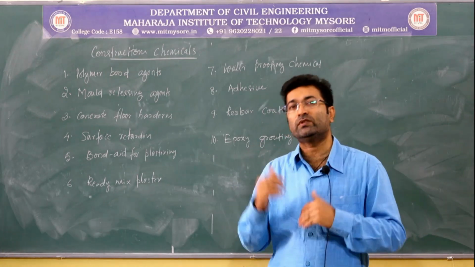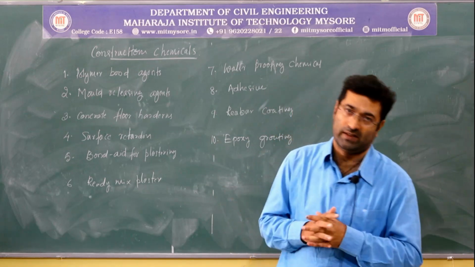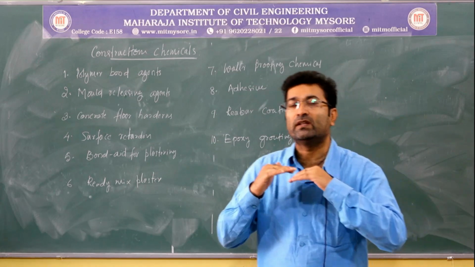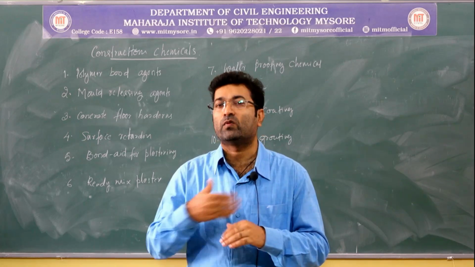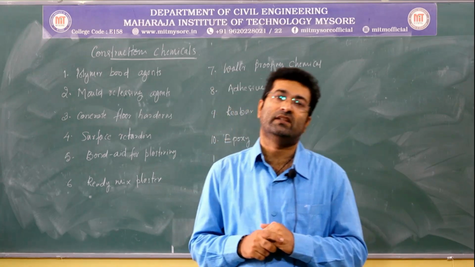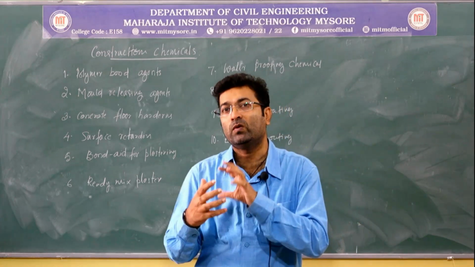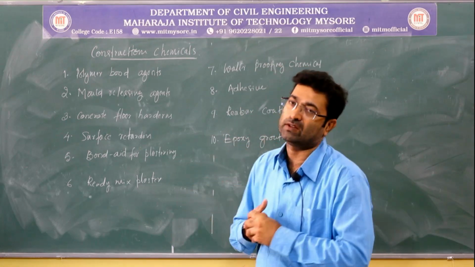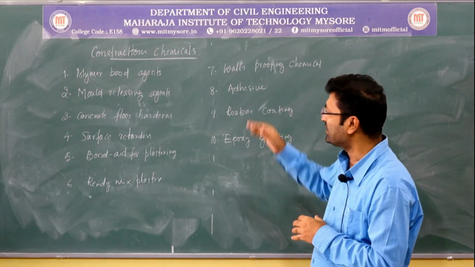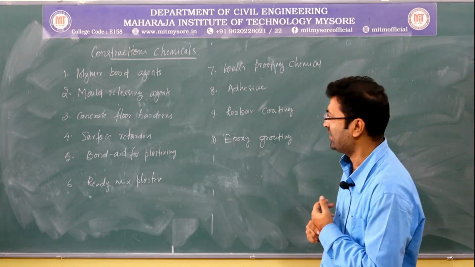If you want to remove it easily, we have to use mold releasing agents. After creating the fabrications or after the shuttering, we have to apply these mold releasing agents. They will not allow the framework to get bonded with the concrete. So, that is the second kind of chemical we use in construction activity.